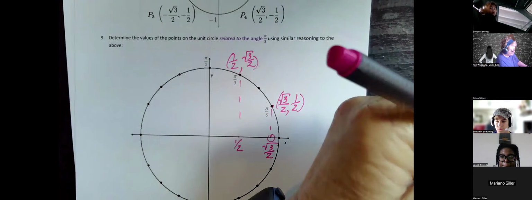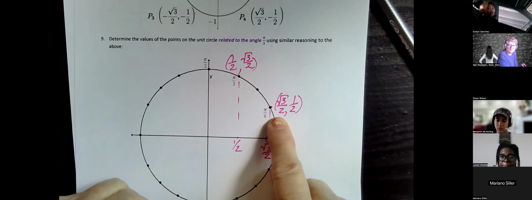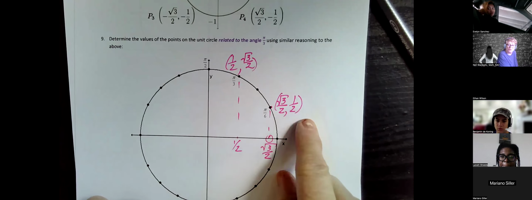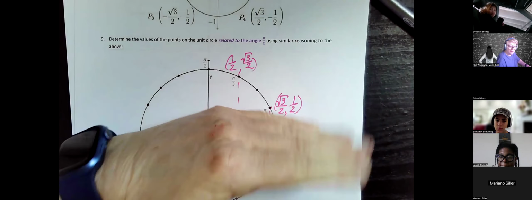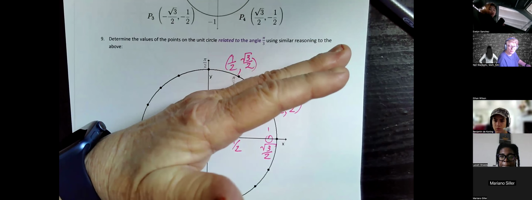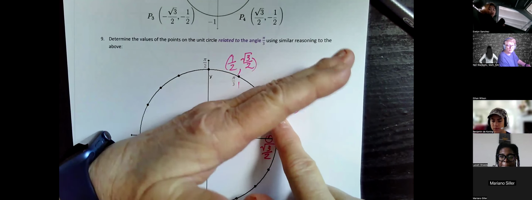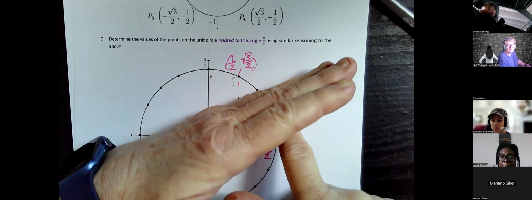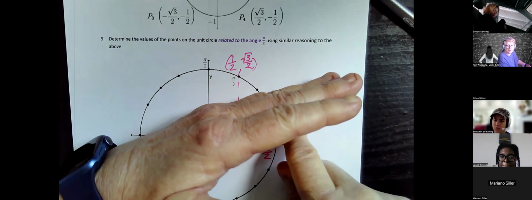Yes, and that's how I remember it. So when I'm trying to remember which one it is, root 3 over 2, 1/2 or 1/2, root 3 over 2, I just make an angle in my head and ask which one is shorter. Oh, the y-axis is shorter for 30 degrees. That must mean that y is 1/2.